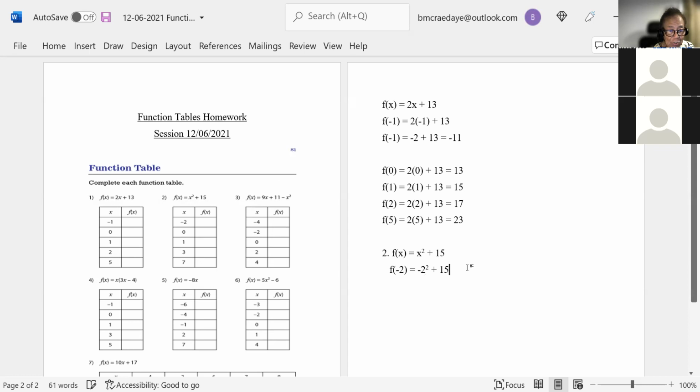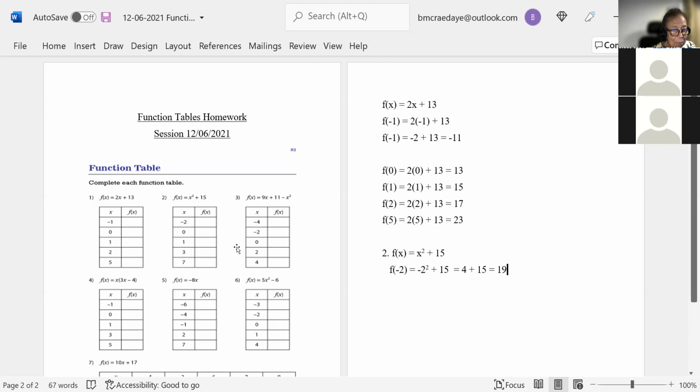What's minus 2 squared? Minus 2 times minus 2 is 4. Plus 15. That's it. Very good. Because minus times minus gives you a plus. So 4 plus 15 equals 19. So that's your first entry in table 2, 19.